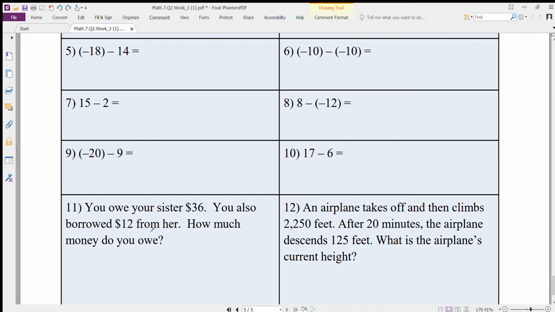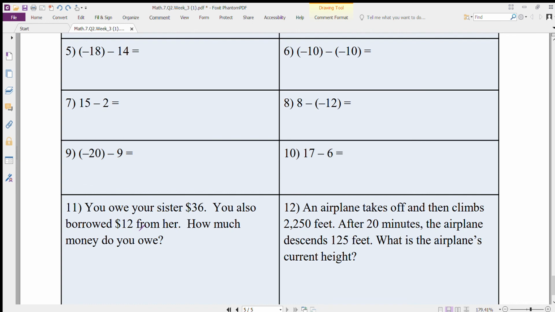So let's think of 11 together. You borrow money from your sister, right? So now you owe $36. What is owing money again? Is it positive numbers or negative numbers? Think to yourself on that. And then you've also borrowed again from your sister $12.